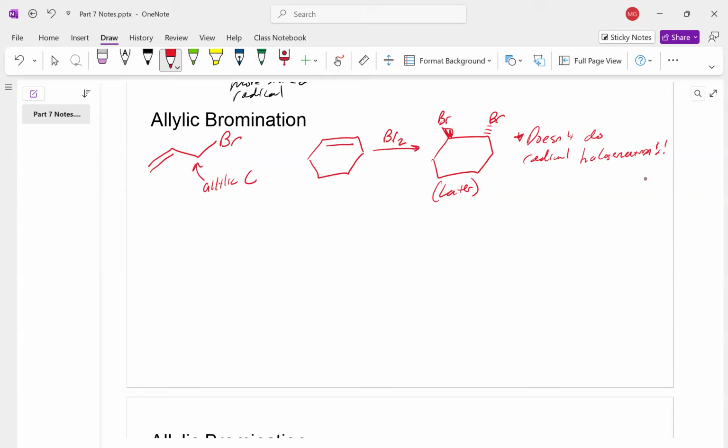And in this case, instead of using Br2, we're going to use a compound that we call NBS. And here's the structure for NBS. It's a 5-membered ring with nitrogen there. And NBS stands for N-bromosuccinimide.